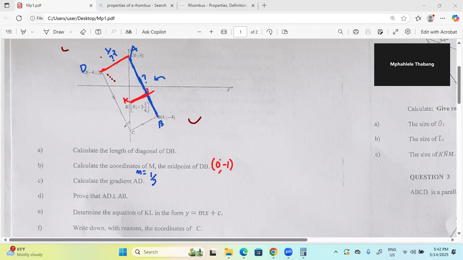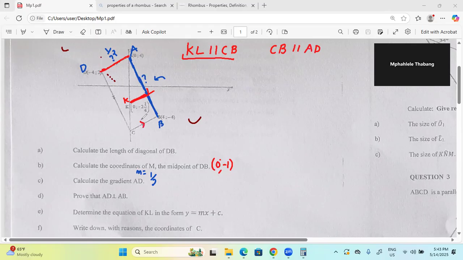And guess what? I'm not going to calculate the gradient of this line KL, because I've been told that KL is parallel to CB. And this CB is also parallel to AD because they said ABCD is a parallelogram.